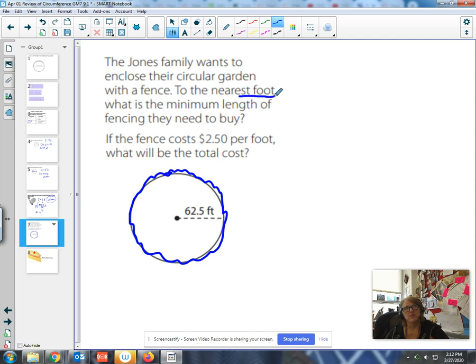Now they're telling us to do some rounding here, okay? So first thing I notice, this is a radius, okay? I need diameter when I calculate circumference. So I'm going to use 3.14 times, all right, you're going to have to double 62.5. Do that quick.